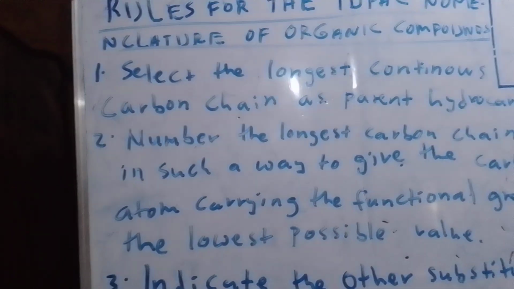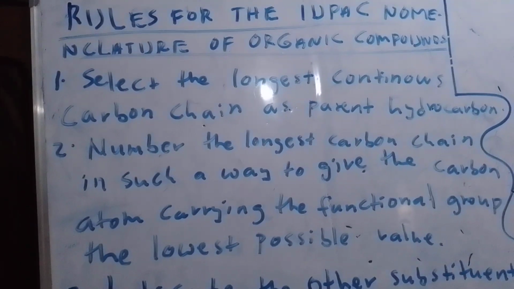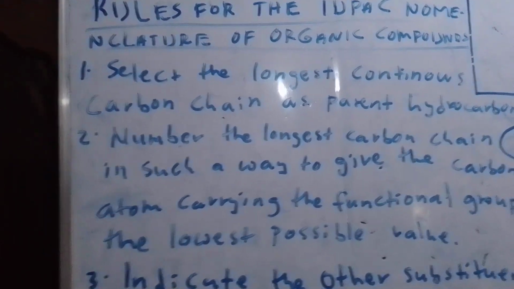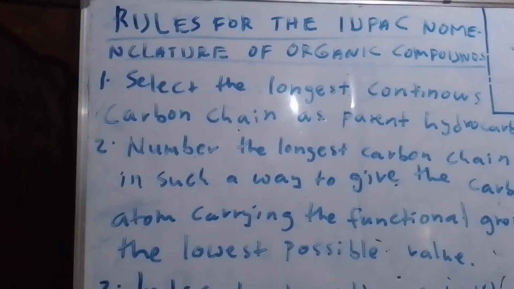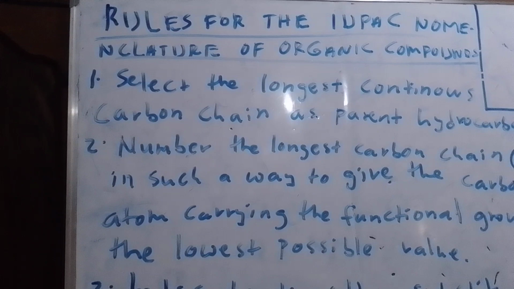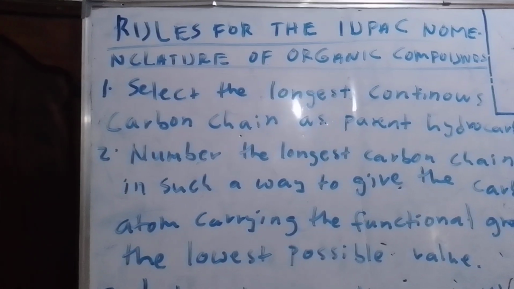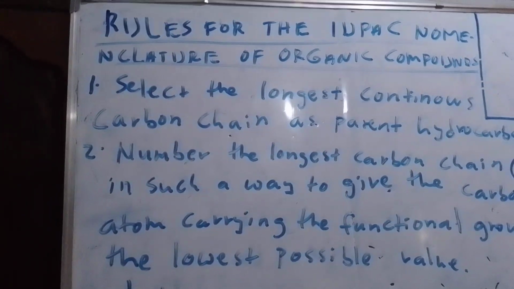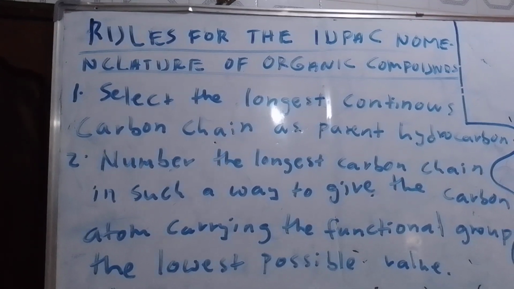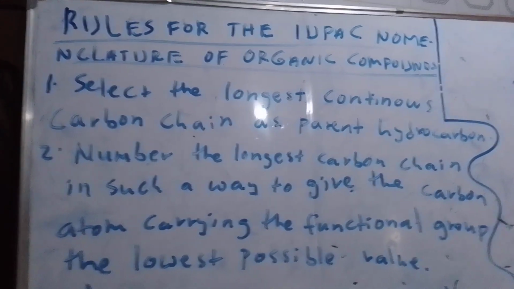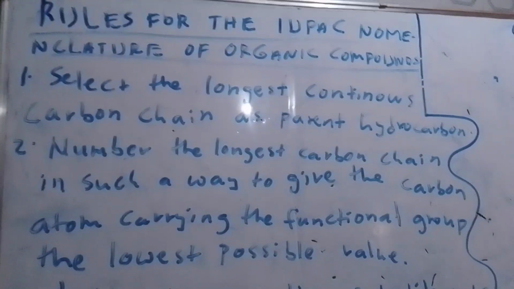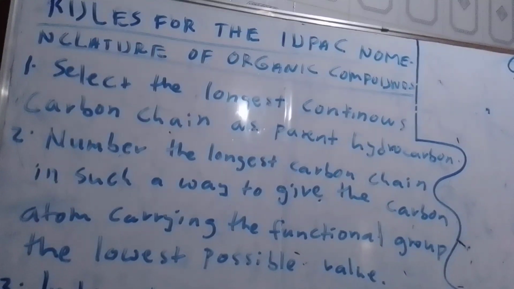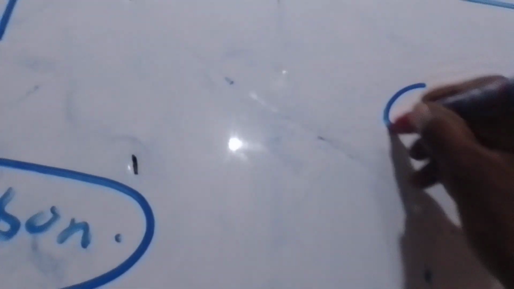Now we have about 6 major rules we can take into consideration when we are talking about naming an organic compound. And the first rule we want to look at is rule number 1. Rule number 1 says select the longest continuous carbon chain as parent hydrocarbon.